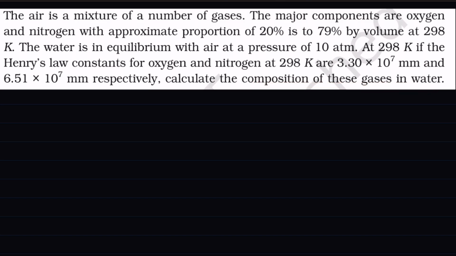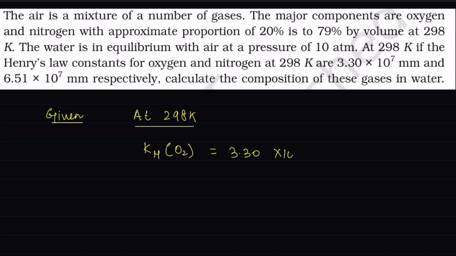So according to the question, it is given that at 298 Kelvin, Henry constant of oxygen is 3.30 into 10 to the power 7 mm, and Henry constant for the nitrogen is 6.51 into 10 to the power 7 mm.